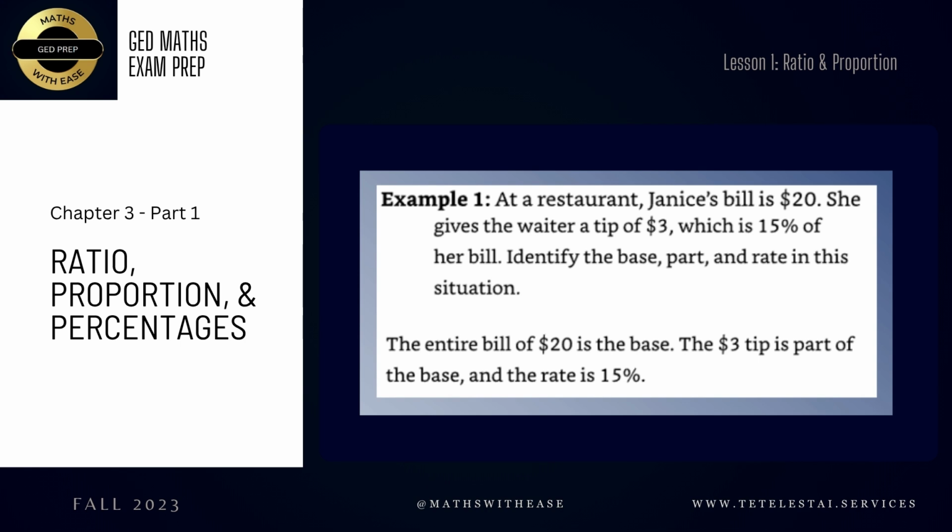So in this example, we're being told that at a restaurant, Janice's bill is $20. She gives the waiter a tip of $3, which is 15% of her bill. Identify the base, the part, and the rate in this situation.